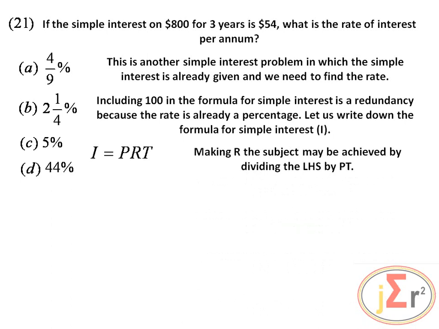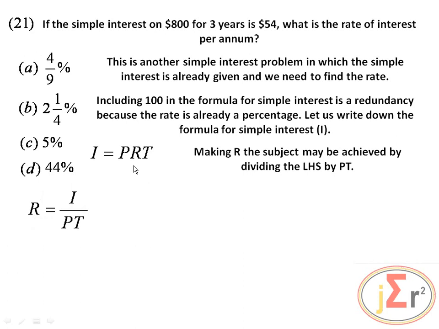Making R the subject may be achieved by dividing the left-hand side by the product of the principal and the time. So the rate is equal to the interest divided by the principal and the time.